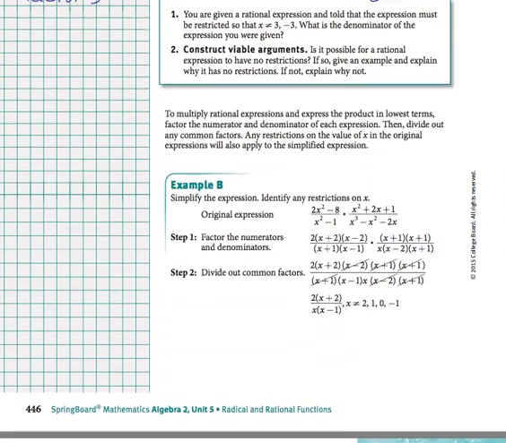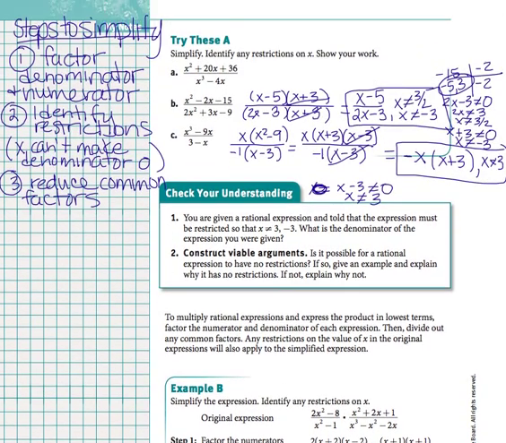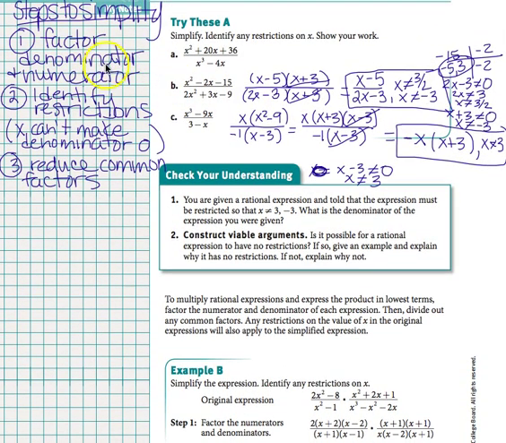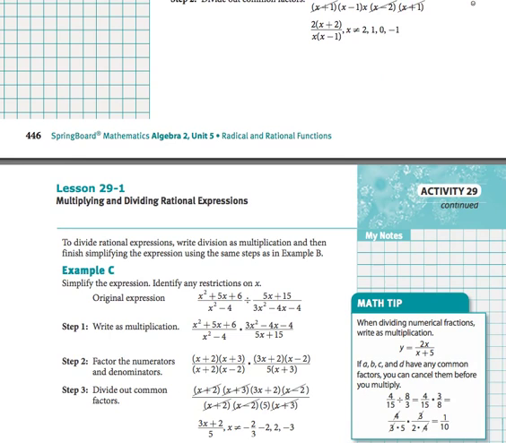The only thing that we're going to do differently for those is that in between step 2 and step 3, before we reduce common factors, we insert the step where we need to multiply or divide. So, scroll down here.